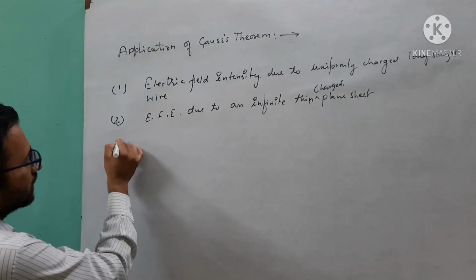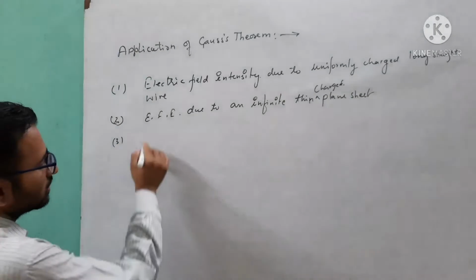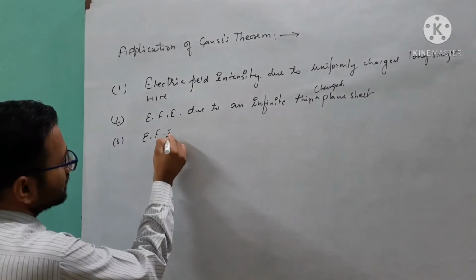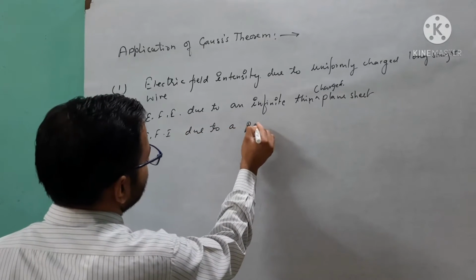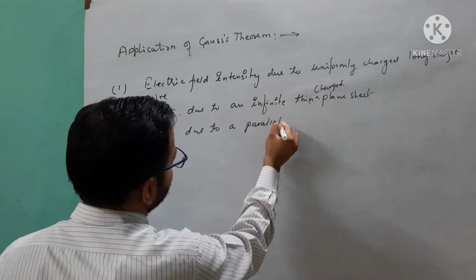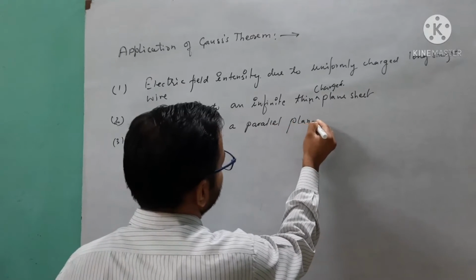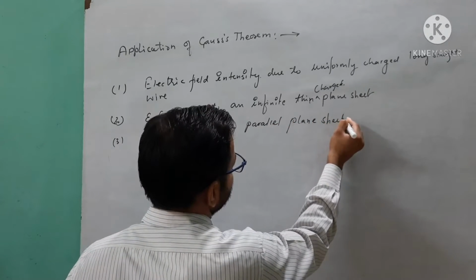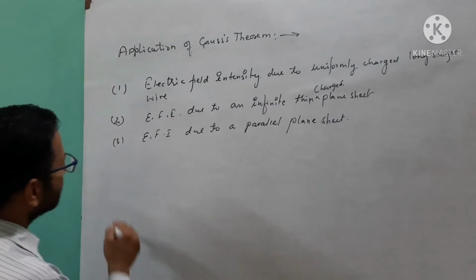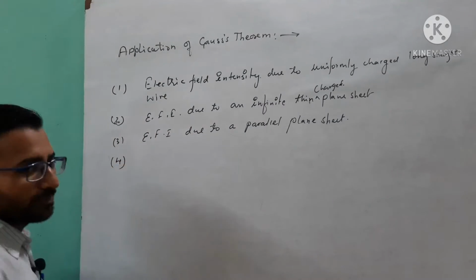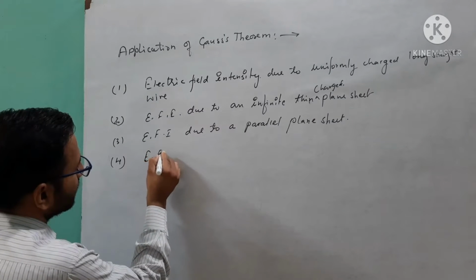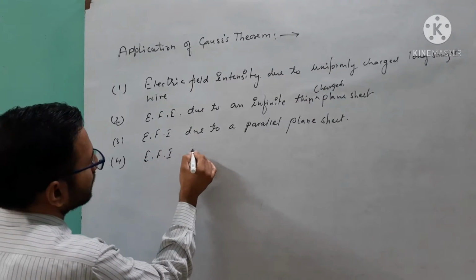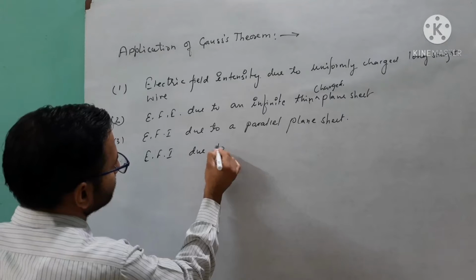Third, we will talk about the electric field intensity due to a parallel plane sheet. Got it? Now the fourth condition, in which we will talk about the electric field intensity due to a spherical shell.